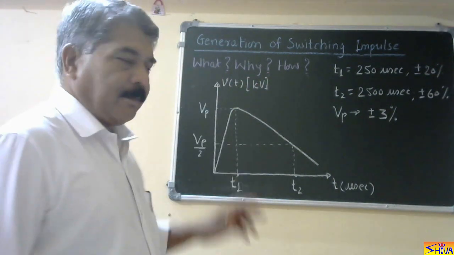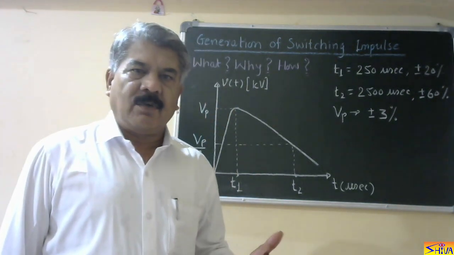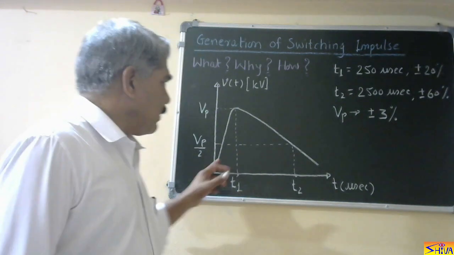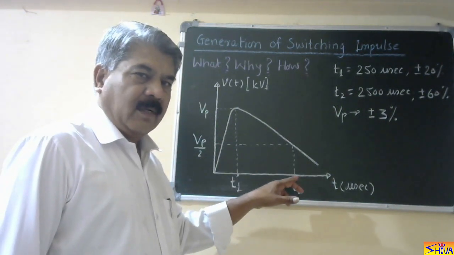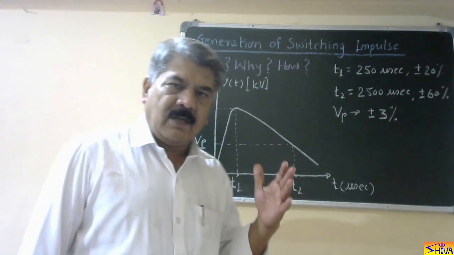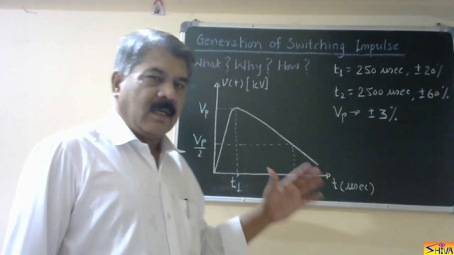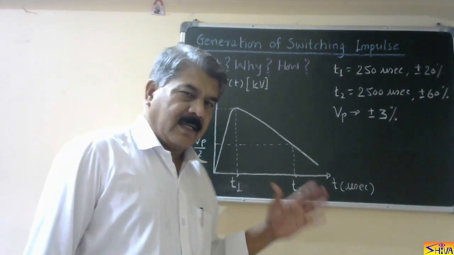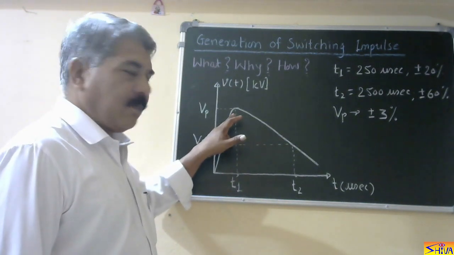First, what is switching impulse? So simple definition, this is the voltage which is characterized by sharp increase in magnitude and relatively slow decay. So the nature is similar to that of the lightning over voltage. It is again characterized by three parameters. Number one, peak value.